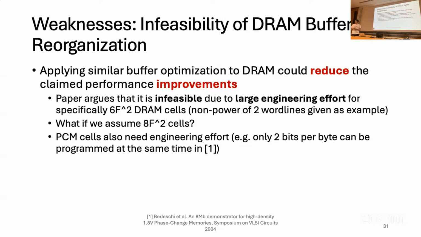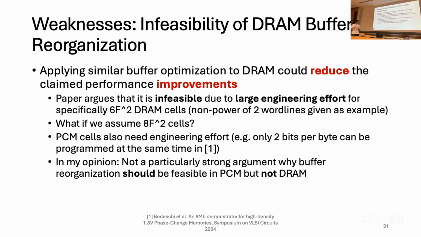So it sounds like it's not that easy to get PCM cells working either. To sum it up, in my opinion, it is not a particularly strong argument why buffer reorganization should be feasible in PCM but not in DRAM.